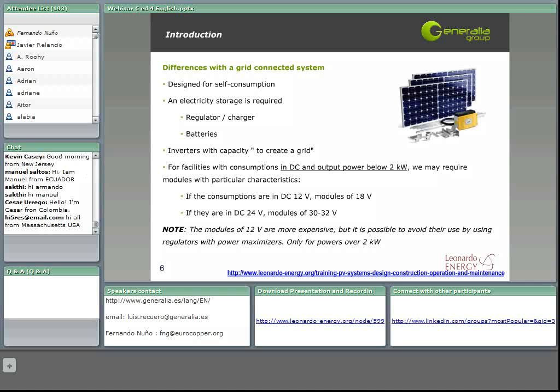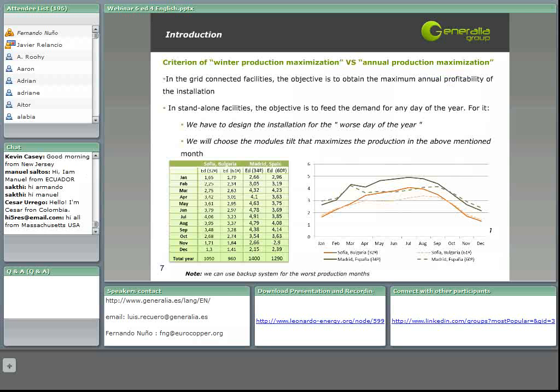Second, the inverters must have the capacity to create a grid. This is because they are not connected to any existing and stable grid, so they have to create their own grid. If we continue with the third, in this type of projects, our main goal is to supply energy during the whole year.